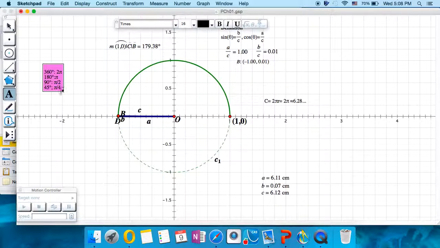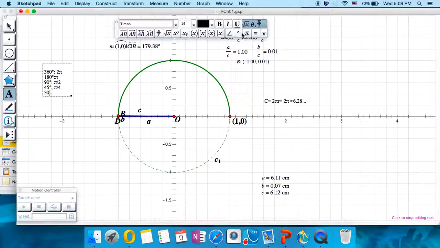And what if it goes to 60 degrees? I mean 30 degrees, oops. 30 degrees is 1/6 of 180 degrees, so it should be 1/6 of pi, or simply pi over 6.